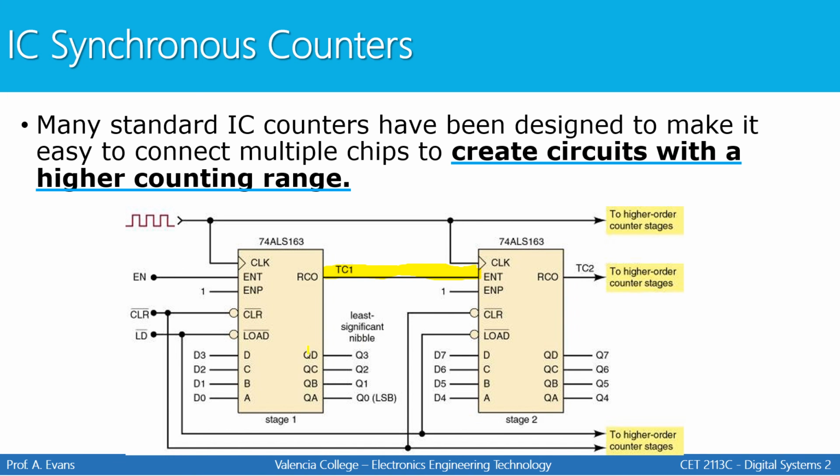So only when this counter has reached its highest value will the next counter be triggered to count. And by cascading our counters together, we can create a counter with a higher mod number. So instead of being able to count from 0 to 15, now we can count to something much, much larger than that by cascading these together.